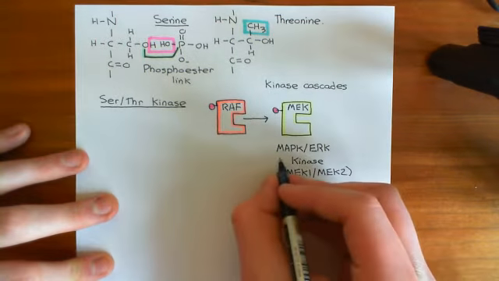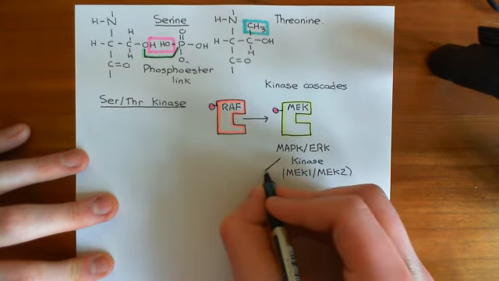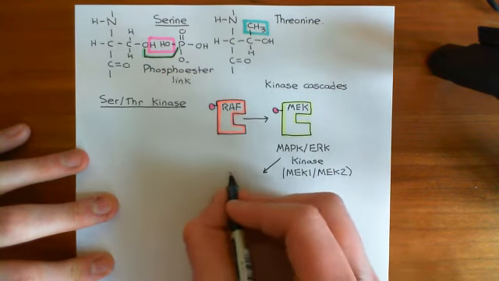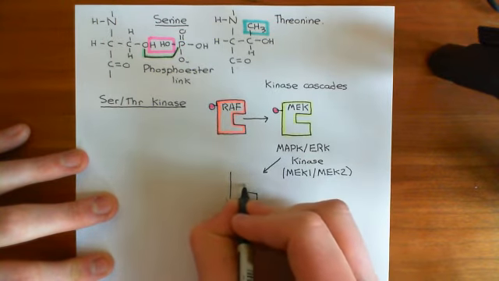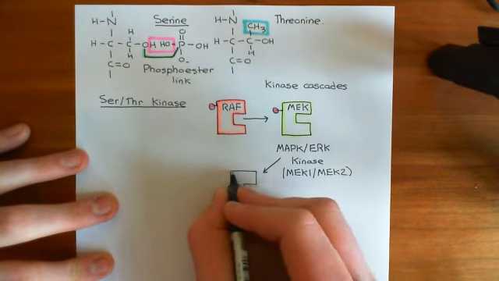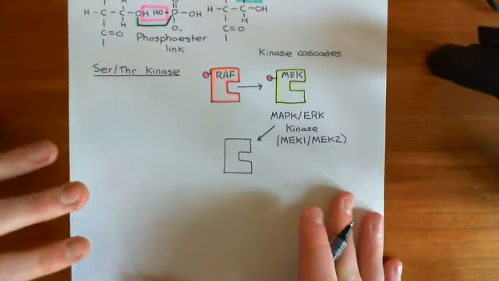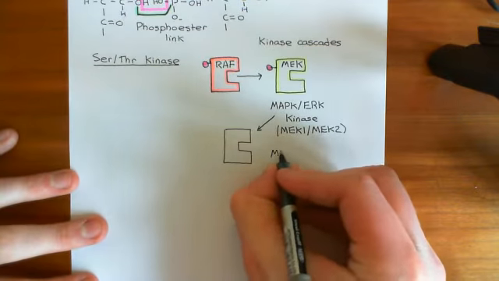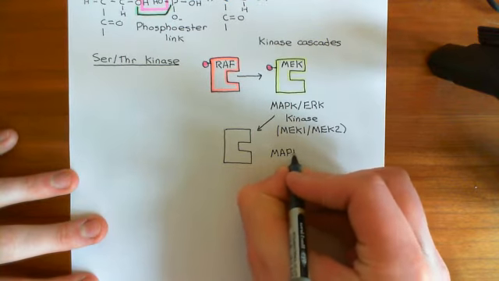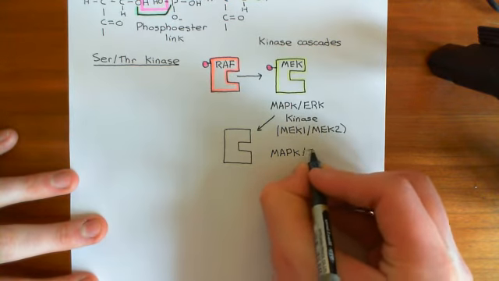And it's now going to phosphorylate residues within the next target along, which is another kinase enzyme. So let's introduce the final kinase enzyme in this pathway, which is finally MAPK, or you can call it ERK.